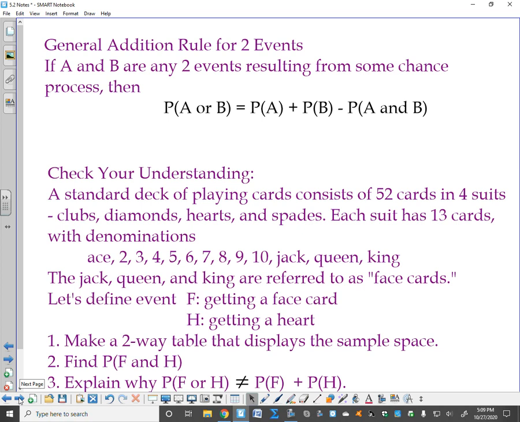Okay, so now that we've done that problem, here is your general addition rule for two events.